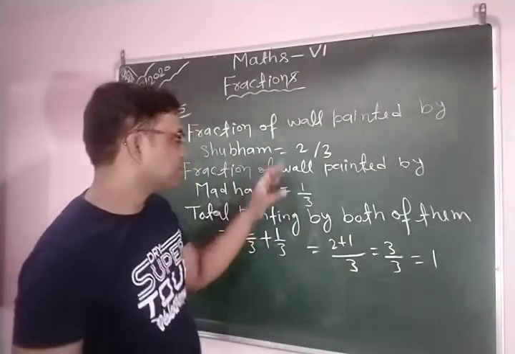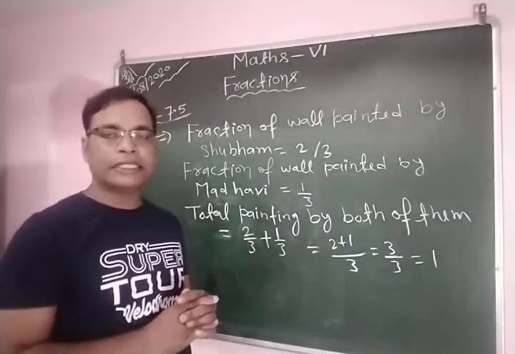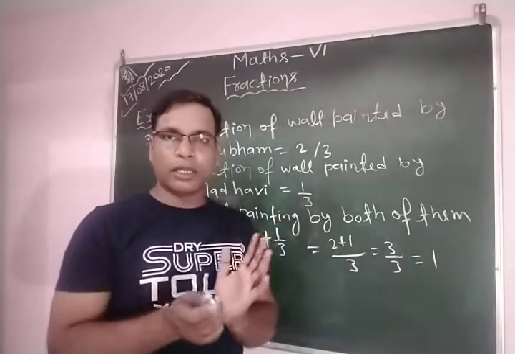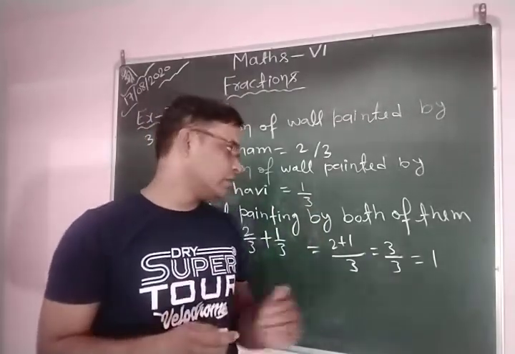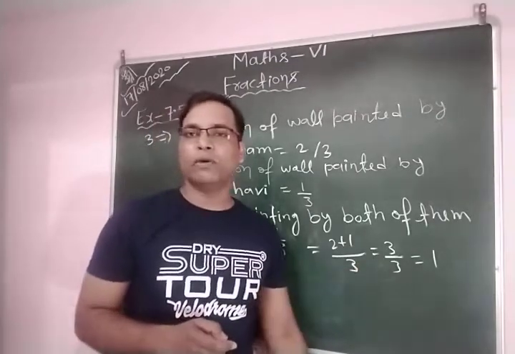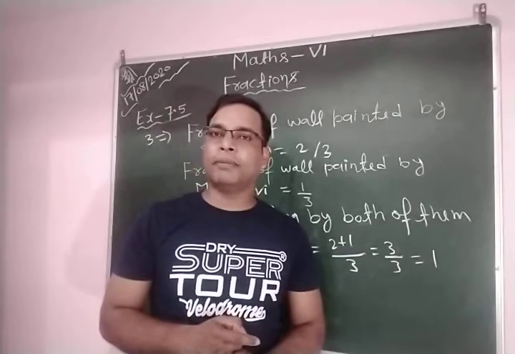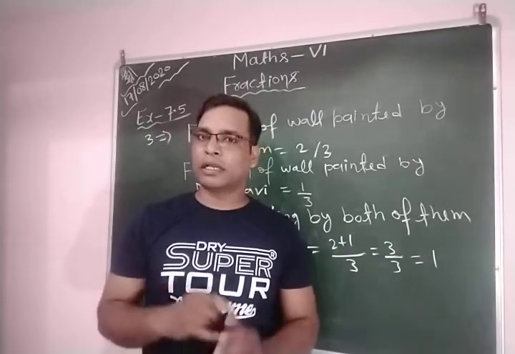You can see here 2 by 3 portion is painted by Shubham, and his sister Madhvi painted 1 by 3 portion. The total area painted by both is 2 by 3 plus 1 by 3, which is equal to 3 by 3, which is equal to 1. It means that the area painted by both brother and sister is the complete wall.